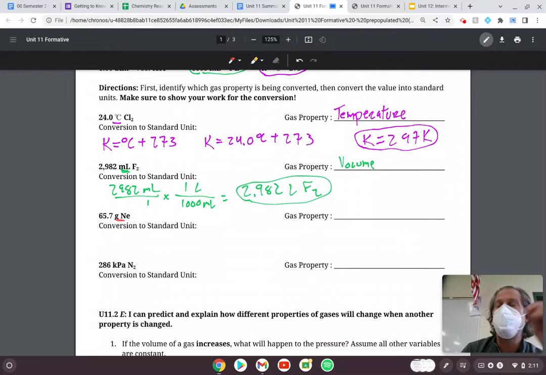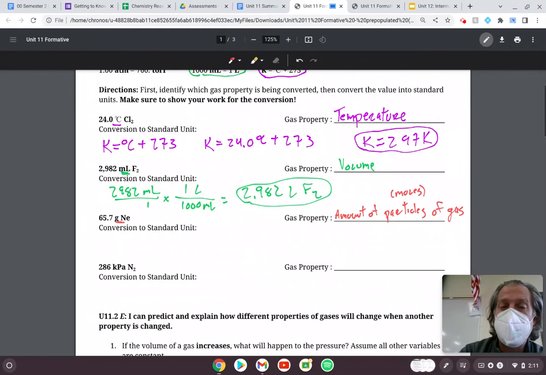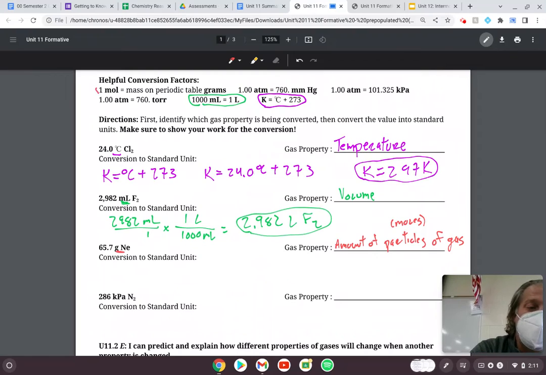The next one, grams, tells me I'm dealing with amount of substance. So really we're talking about amount of particles of a gas. Some of you might have written moles, which I think covers that as well. So I'm going to go up here and see that 1 mole of anything is equal to its mass on the periodic table in grams.